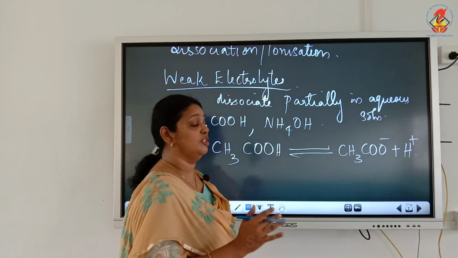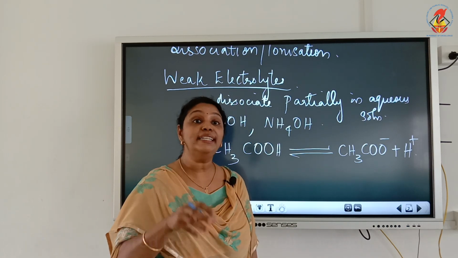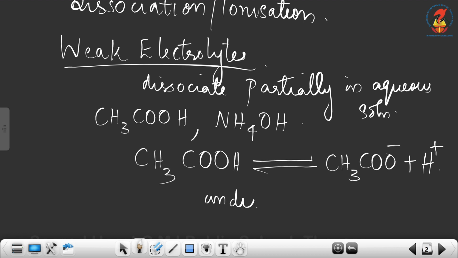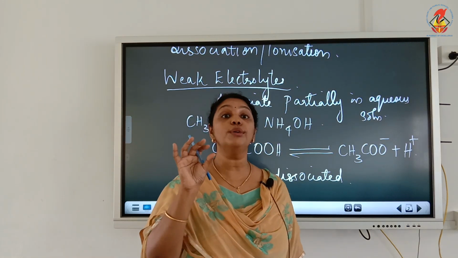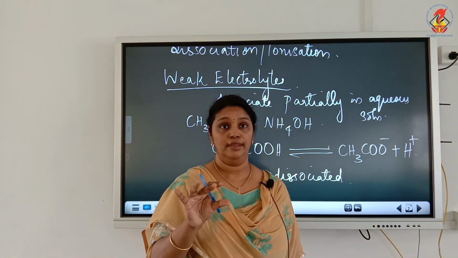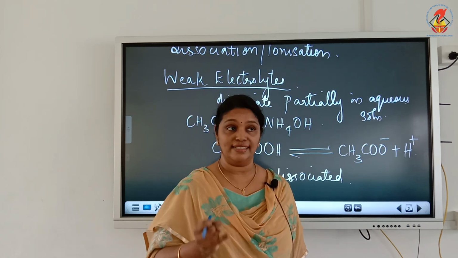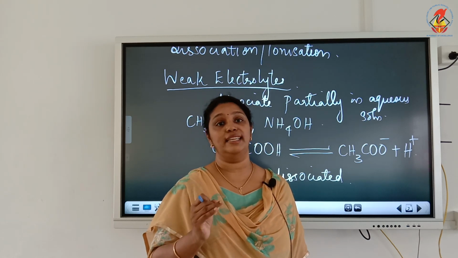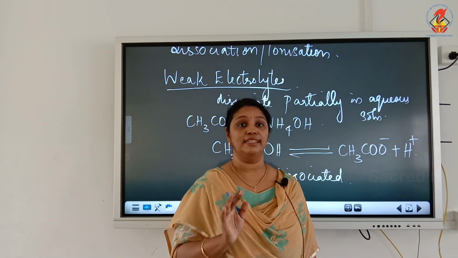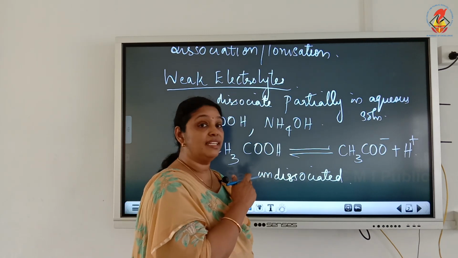This is a partial ionization, so there are some undissociated acetic acid molecules also. So the acetic acid solution contains acetate ion, H plus ion and undissociated acetic acid molecule. These three are present, and this is at equilibrium.